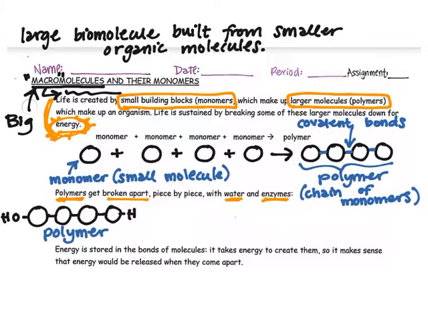right? And we can break this down with the help of water. So let's draw H2O is going to come in, a little drop of water. And we also need the help of an enzyme, which is a particular type of protein. And an enzyme is going to come in, or draw it kind of hugging the polymer there. So this is our enzyme.